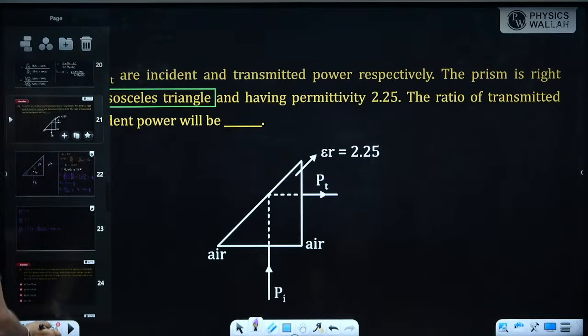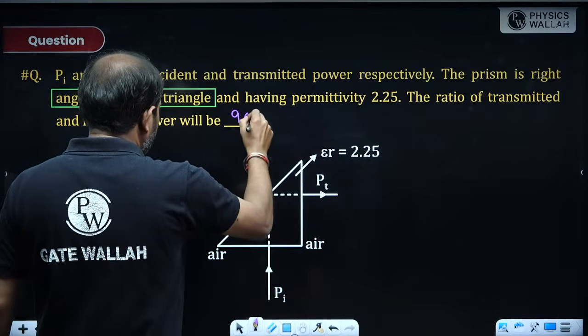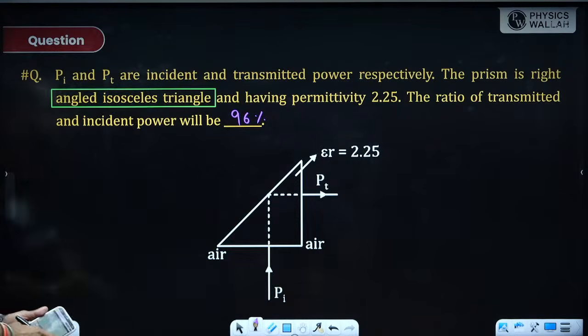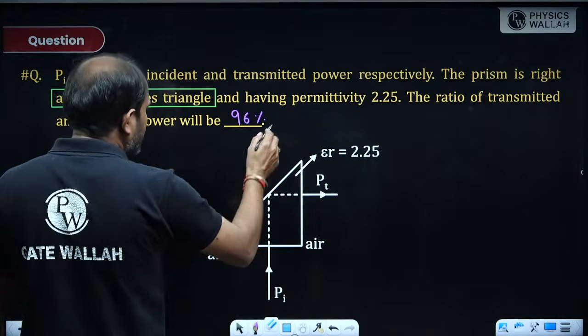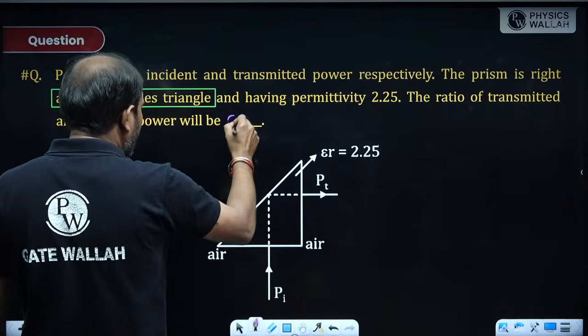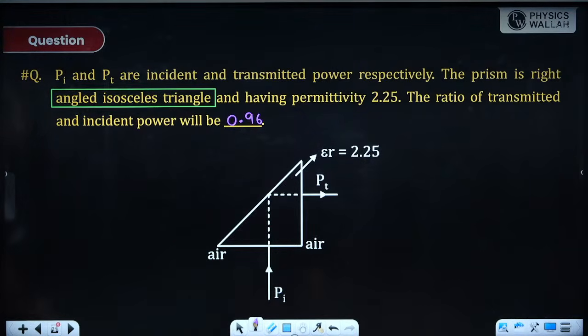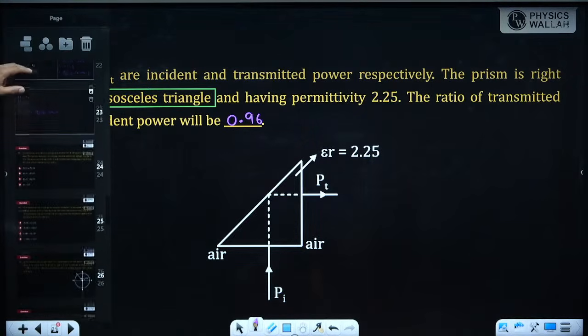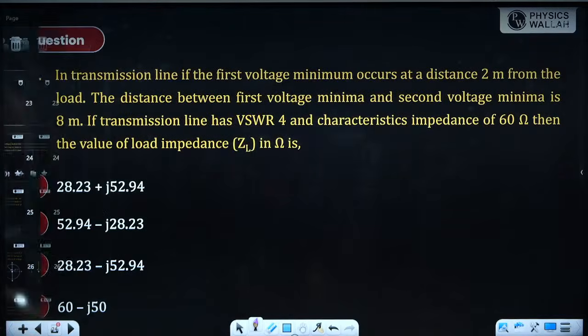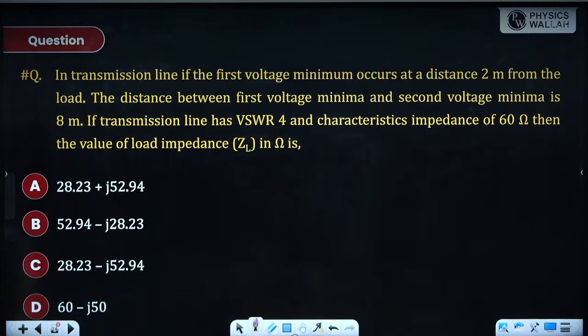So the answer will be 96%, or the ratio will be 24 by 25. You can calculate like this. It is a very good question. All questions are tough in this class.